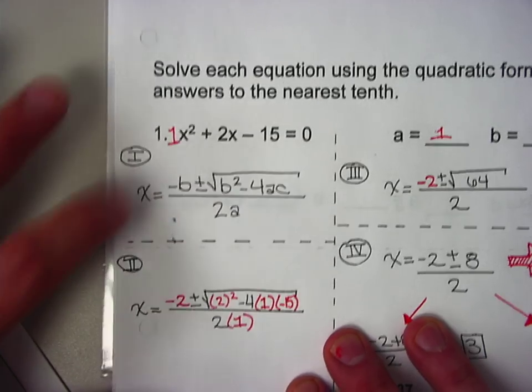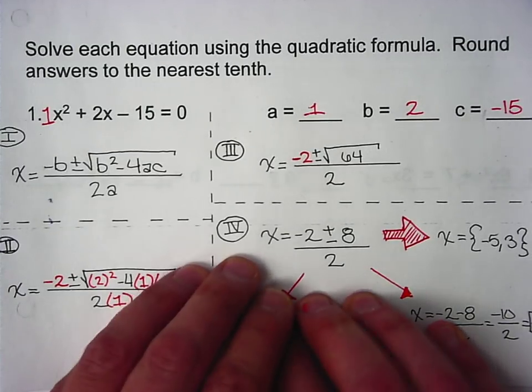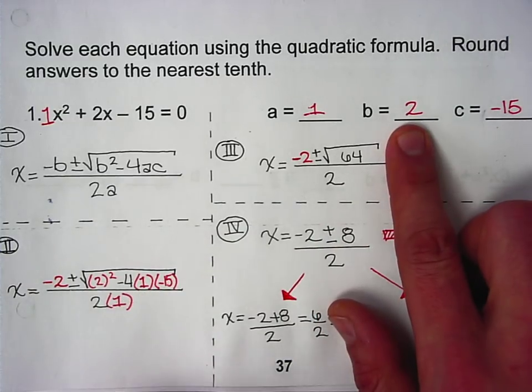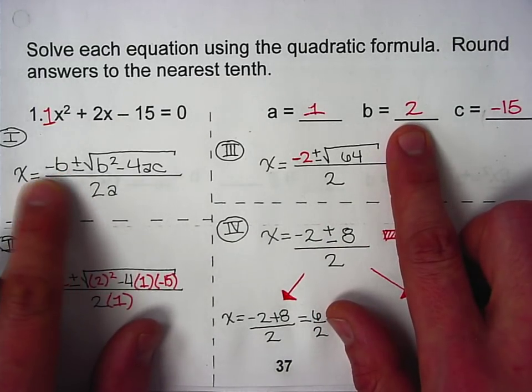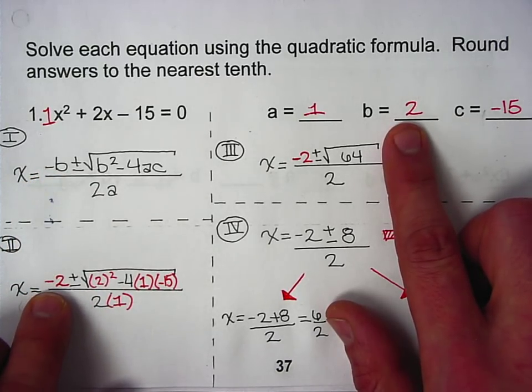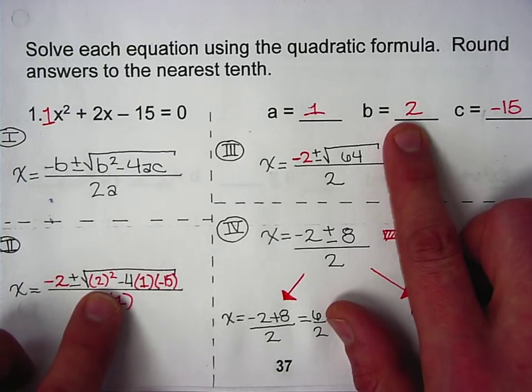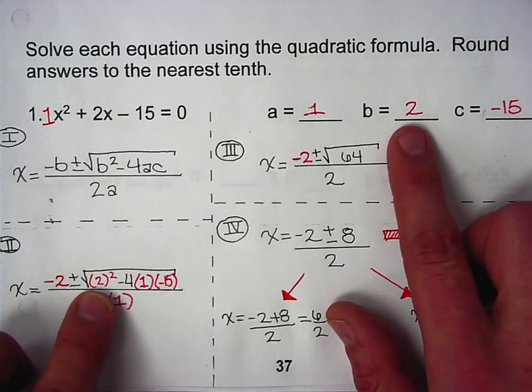After I write the formula down, my next step is to substitute in my values. So I remember that b was a 2, but my formula says make whatever b is, that negative sign means to change its sign. So if it was a positive 2, then it becomes a negative 2. Plus or minus the square root symbol, or the radical symbol, and then I have b squared, which is 2 squared.